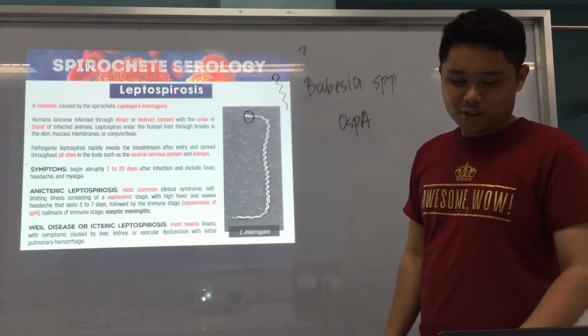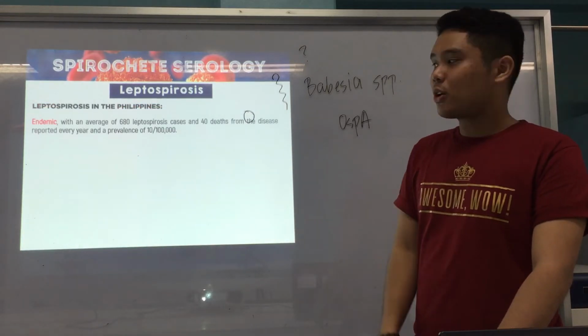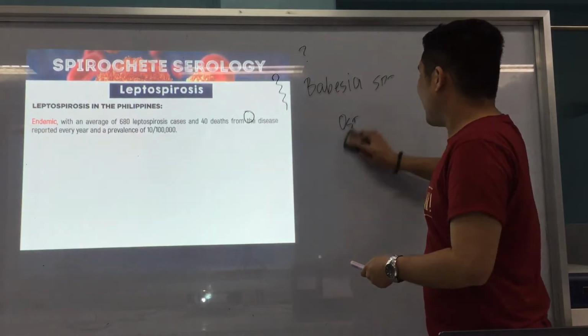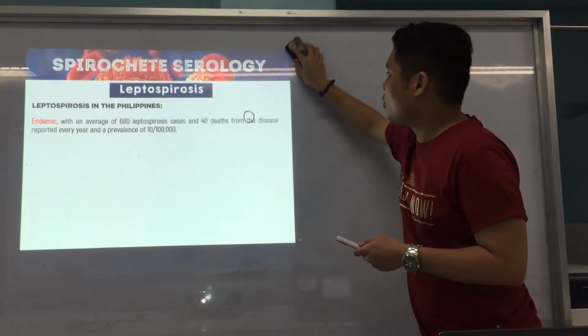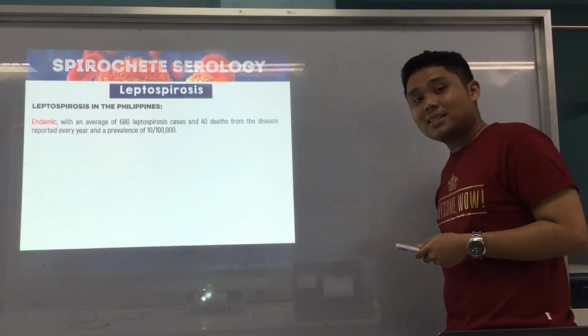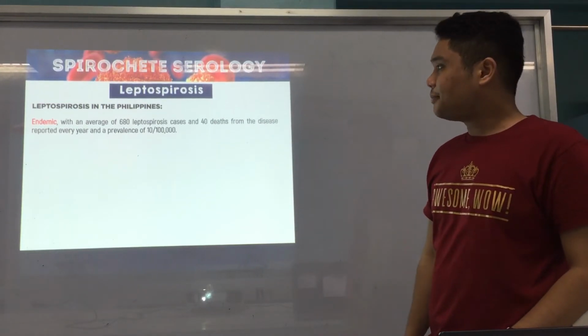So, that's the introduction to leptospirosis. And of course, a few facts about leptospirosis in the Philippines. It's endemic because our place is very prone to flooding, and of course we have many rats, so they swim around in the flood. So of course, it's endemic.